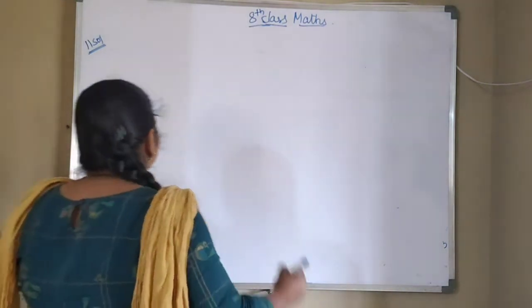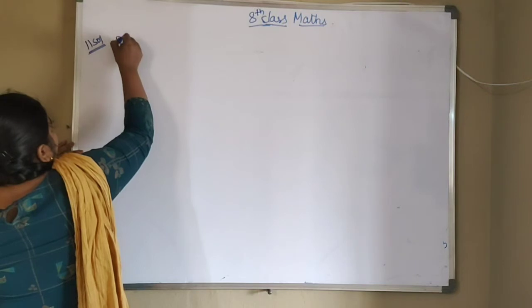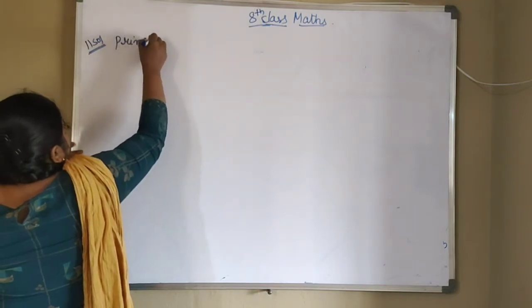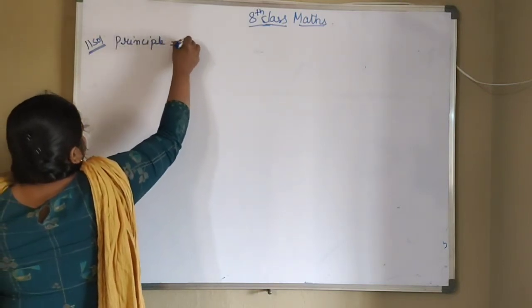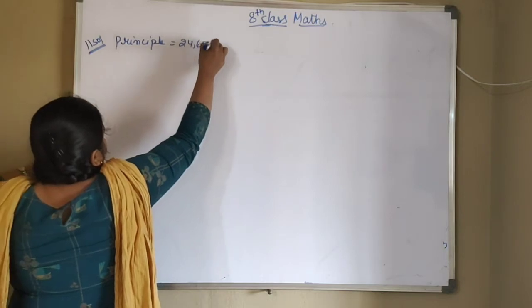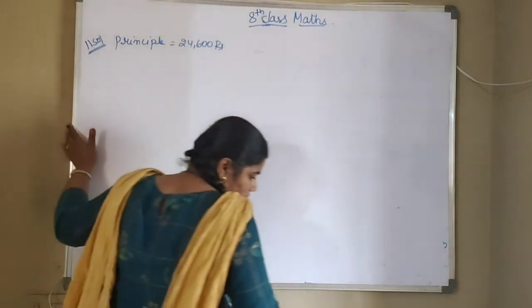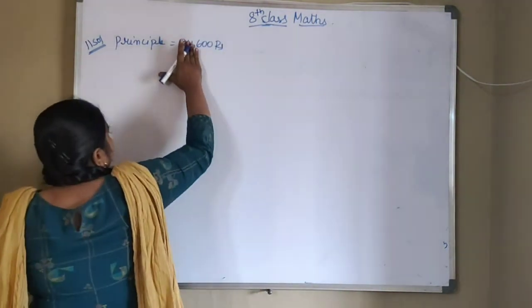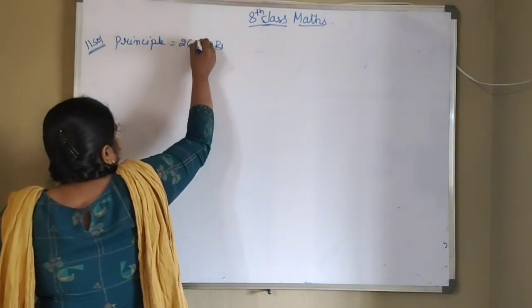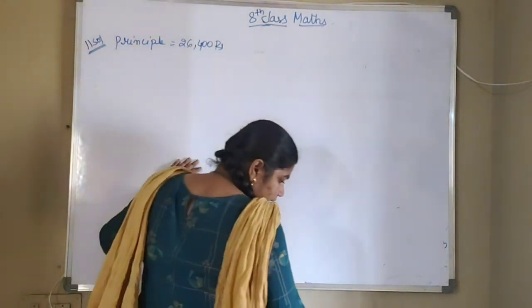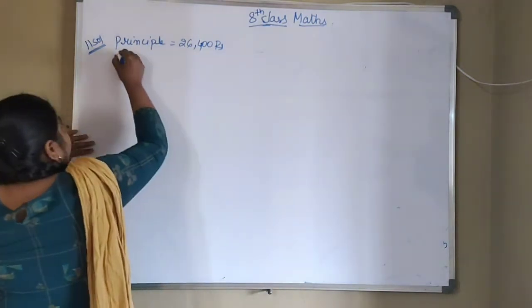So here what is the principal value? Principal value is 26,400 rupees. She has taken 26,400. Okay, and what is the rate of interest there?